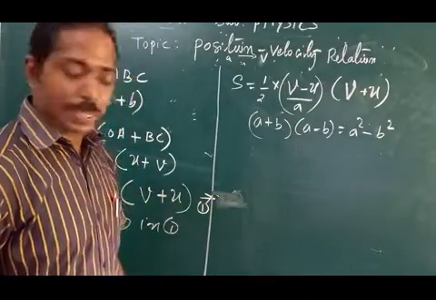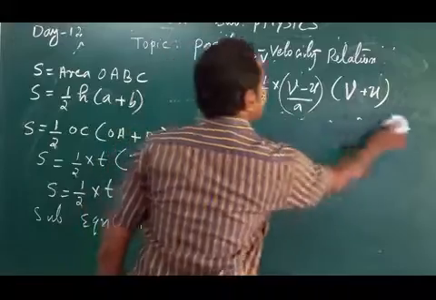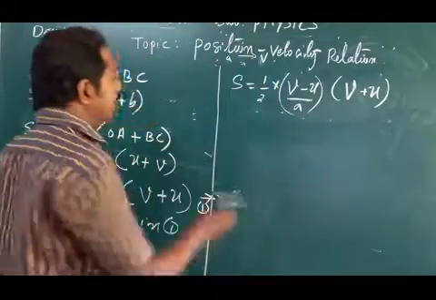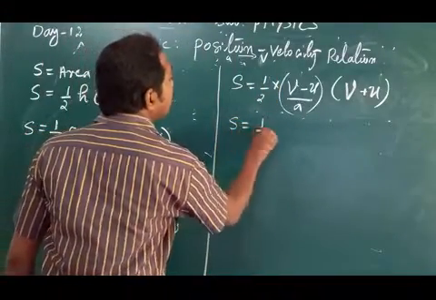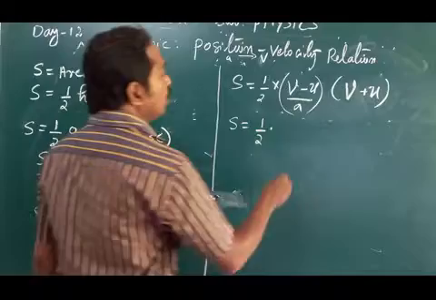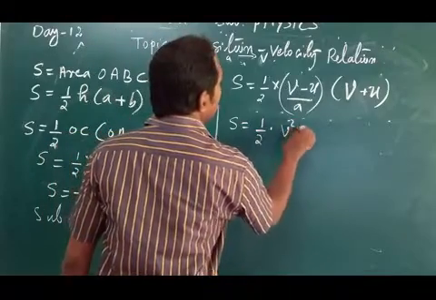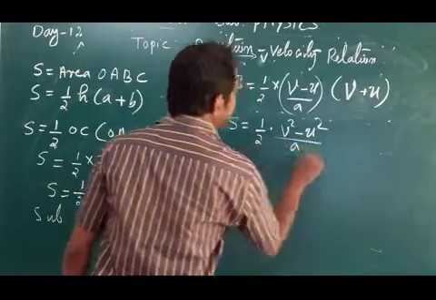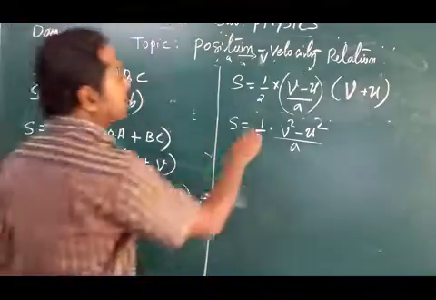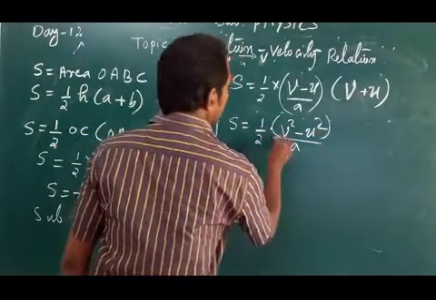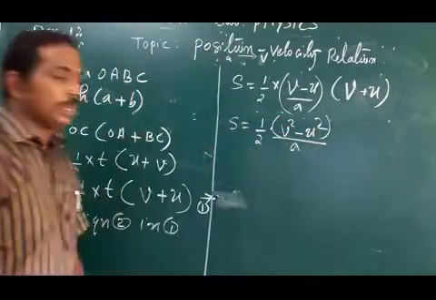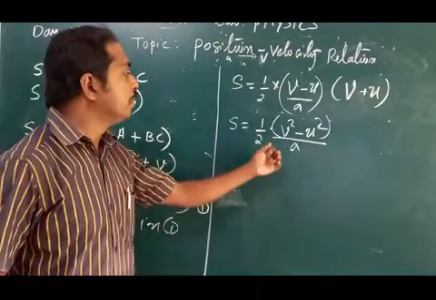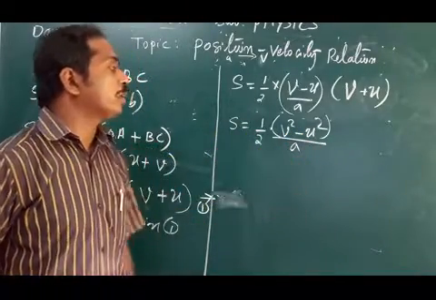So we can change and write S equal to half into V square minus U square by A. This has one time only, V square minus U square, so I always put it in brackets: S equal to half into V square minus U square by A.